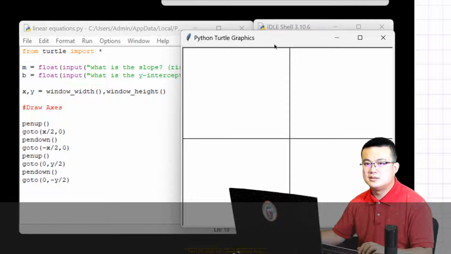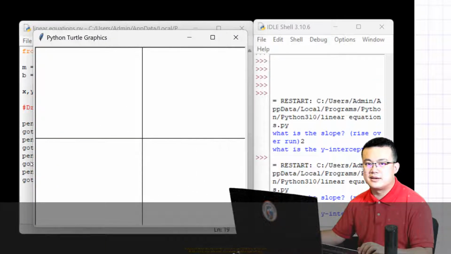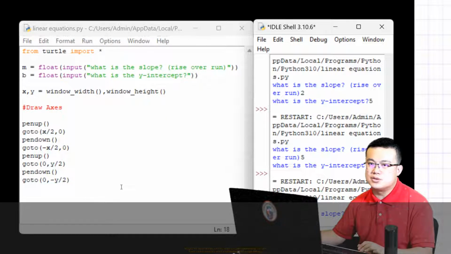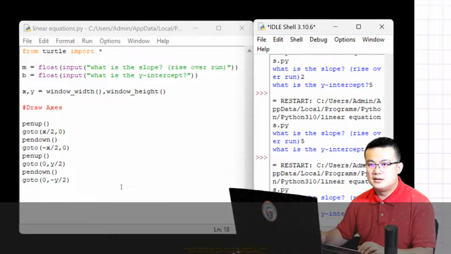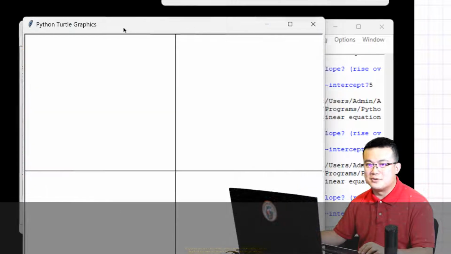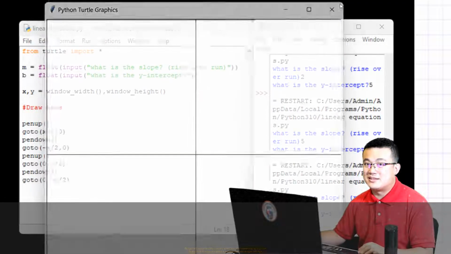There we go. Okay, I'll do it one more time. So it actually draws it behind the thing. Nope, it disappears each time it draws it. Trust me, it draws it. When you're doing it on your screen, you're going to see it animate, and it's going to look really, really cool. But this is what it does. It draws the line on the side and on the top down, and that's your axes.